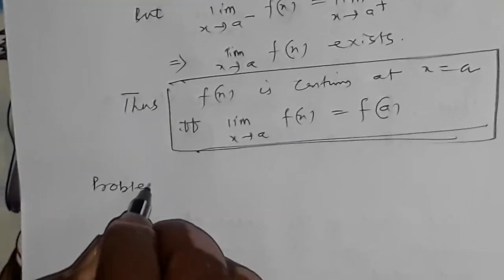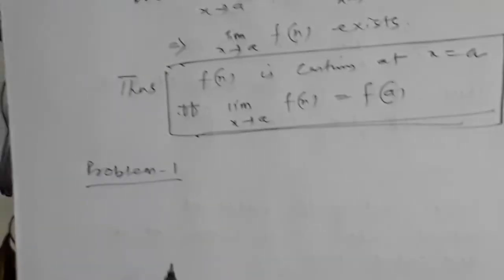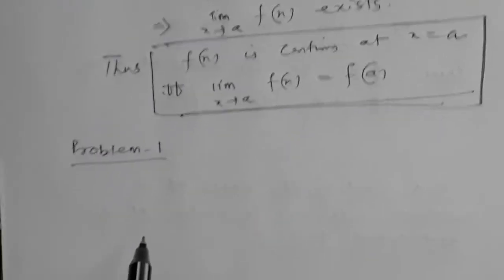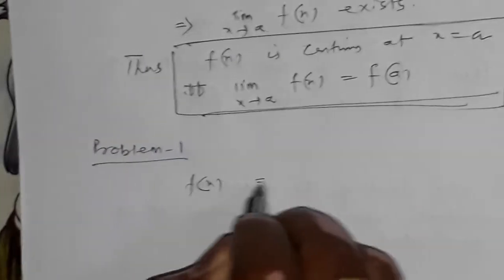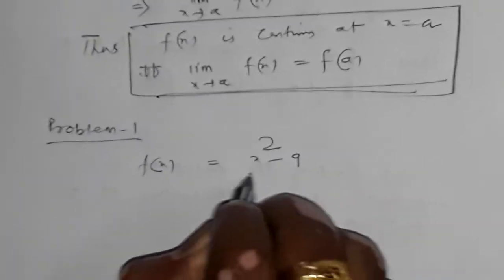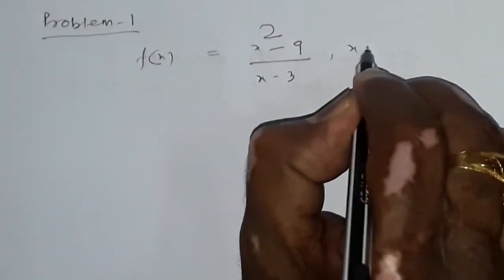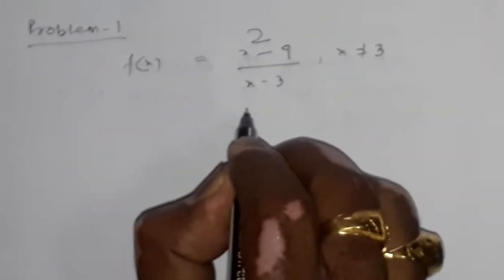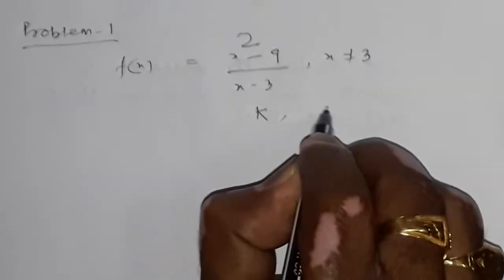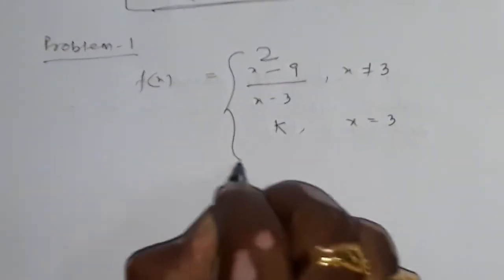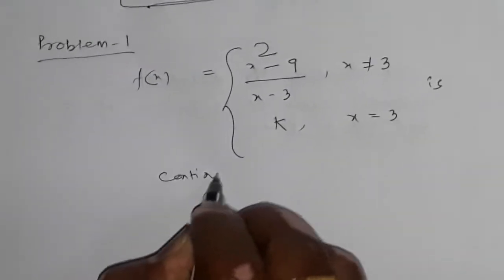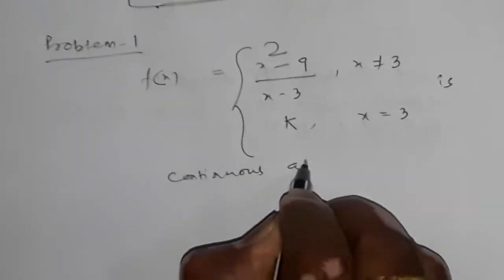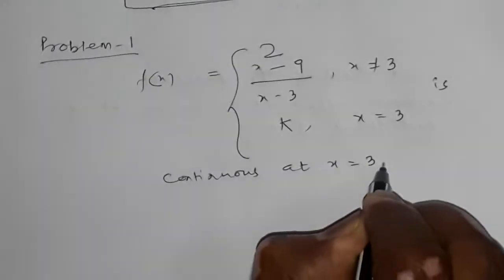Problem 1. Determine the value of k for which the function f(x) equals (x square minus 9) by (x minus 3), x not equal to 3, and k, x equals 3, is continuous at x equals 3.